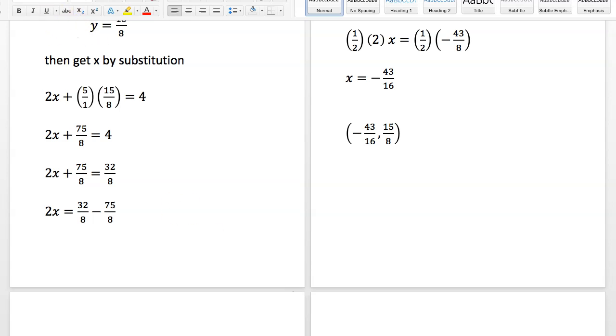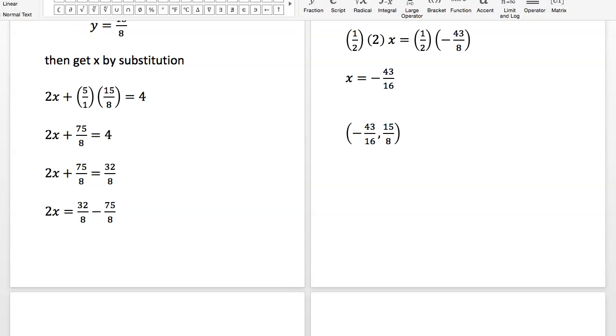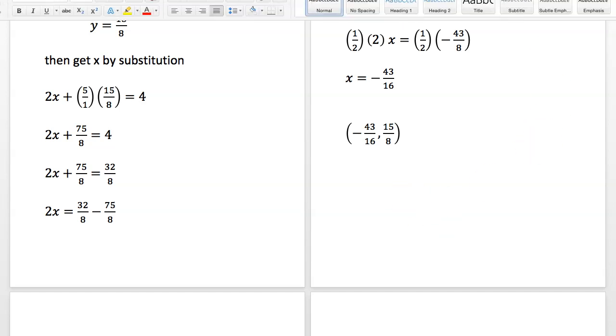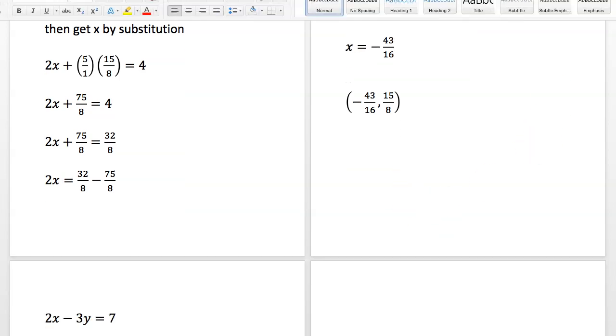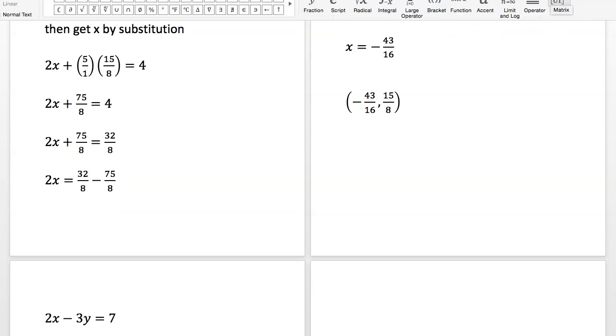Like let's say you get 2x minus 3y equals 7, and let's say you also get 4x minus 6y equals 14. And actually there's also the case where you'll get no solution at all. I need to amplify that. But let's look at infinitely many first.